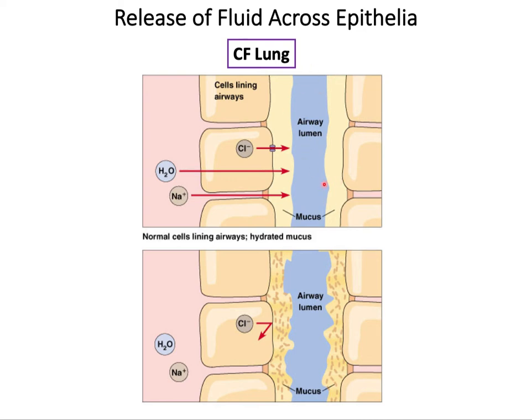So now you have sodium chloride in the mucus, and so now you have this salt gradient, which then draws water across these epithelial cells. And so in this way, the G protein coupled receptor that was interacting with a stimulatory G protein can induce the flow of water across the epithelium.